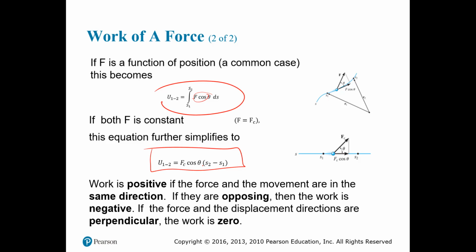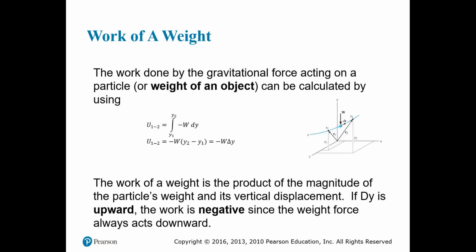Due to the cosine of 90 degrees. If the force and the displacement form 90 degrees, then your work will be zero. And remember that, because whenever we have normal forces or forces going in the y direction that form 90 degrees with the displacement, then there's no work there, okay?